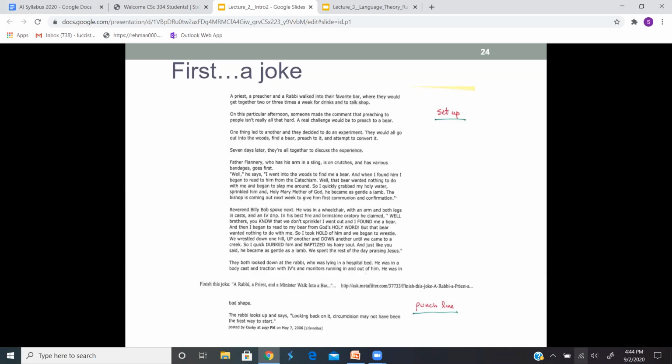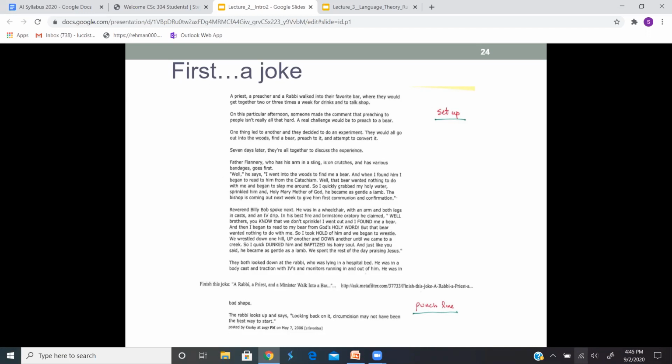So each of them promised they'd go out to the woods during the week. They'll come back next week and say what happened. They're going to find a bear. They're going to preach to it, and they're going to attempt to convert it. You've all heard about missionaries, and they're trying to convert us to their religion or whatever. So 7 days later, the 3 of them come back to this bar. They want to discuss what happened.